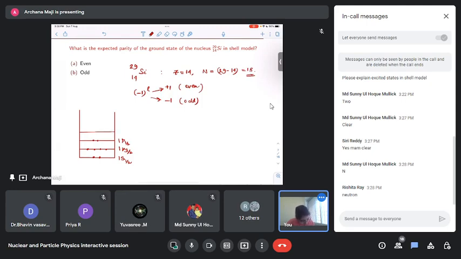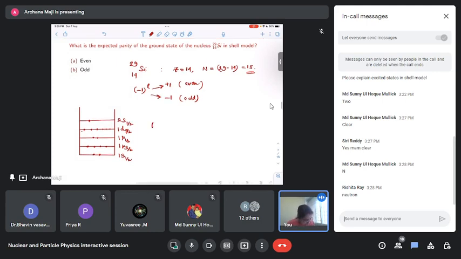Then there is 1d 5 half, so it contains 6 neutrons, and then the 2s half. So there will be 1 neutron here, right? So the unpaired neutron is in the 2s half level.